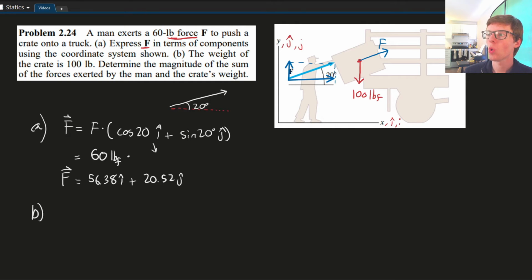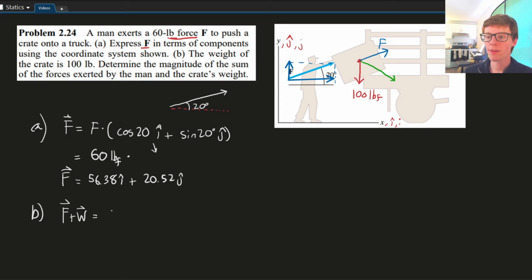So we're trying to add F and W together, and we want to find the magnitude of it. So the magnitude is going to be this final vector here. I'm just assuming it goes in that direction. I don't know too much about it. We're going to figure out what F plus W is at the start.